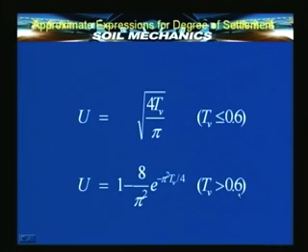Actually, I would like to make a correction at this point. This should have been 0.2. As long as TV is less than or equal to 0.2, u is equal to this, and as long as TV is greater than 0.2, u is equal to this.